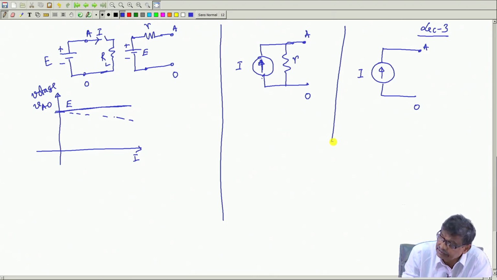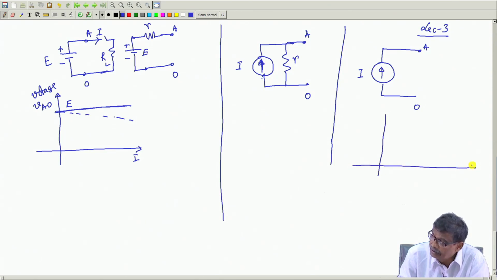Therefore, the characteristics of an ideal current source: if this is I, this is I, and this is voltage, and here you will connect a load RL.